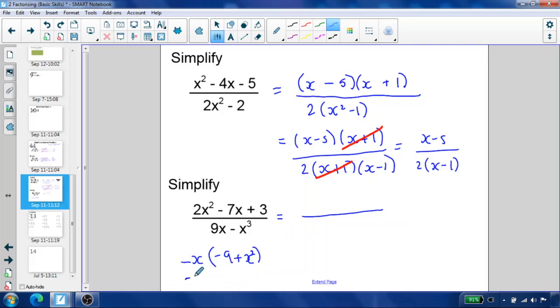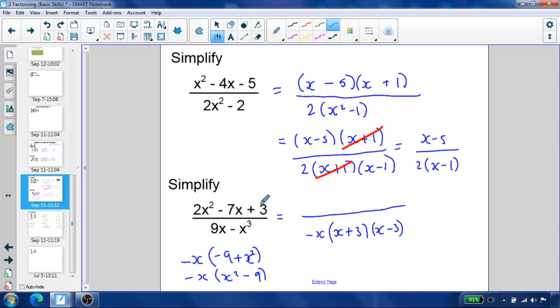Now I'm just going to rearrange so it looks like the expression from the one above. So I'm going to have minus x. X squared minus 9 is a difference of two squares, so we're going to have x plus 3 and x minus 3.